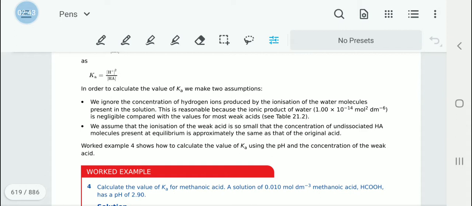Another, slightly confusing assumption is that the ionization of the weak acid is so small that the undissociated HA molecules present at equilibrium are approximately the same as the original acid. This is an assumption that we make.